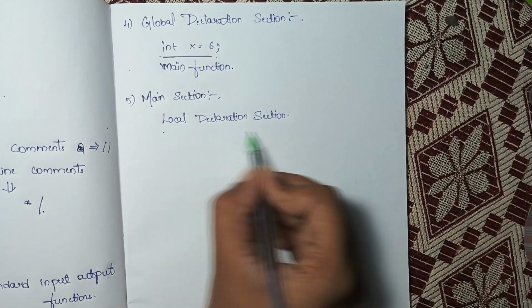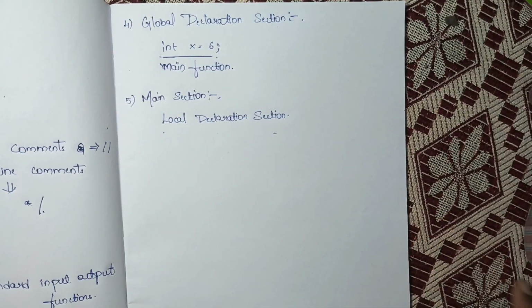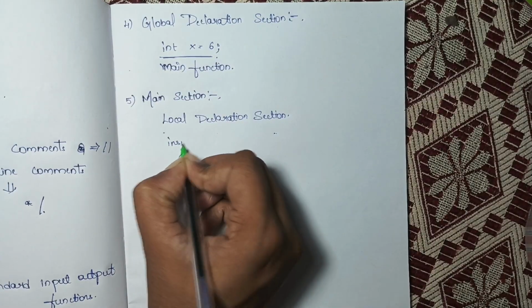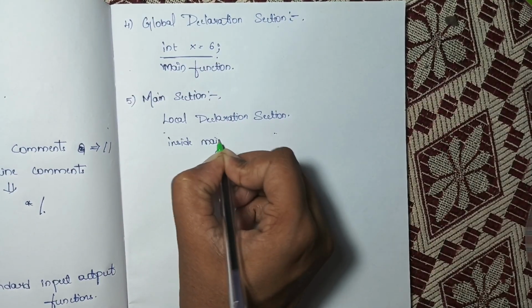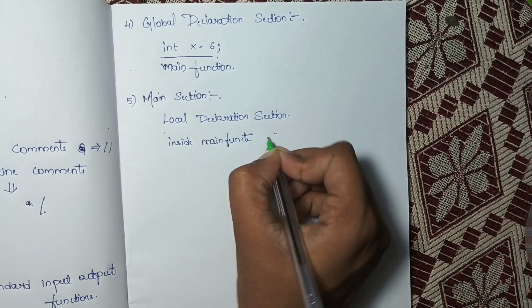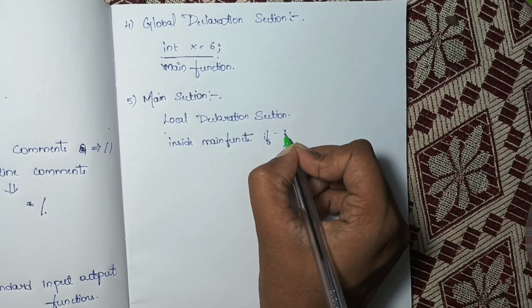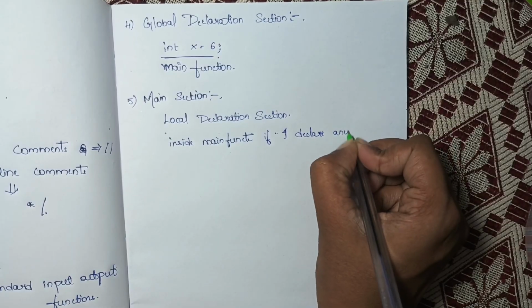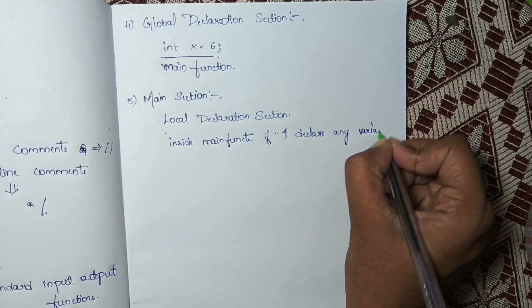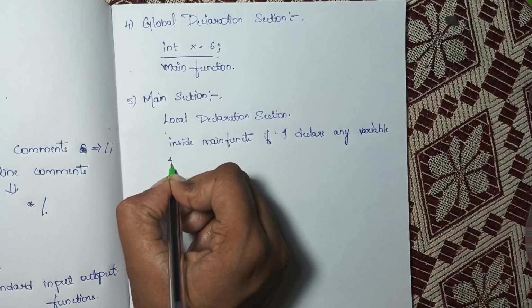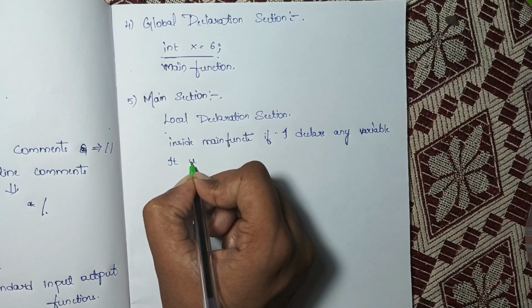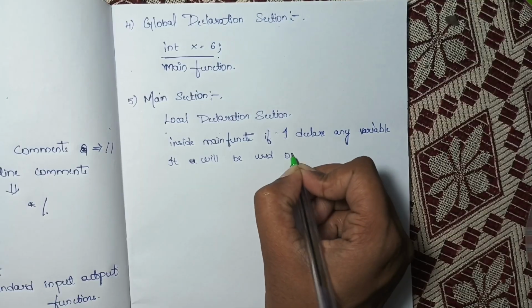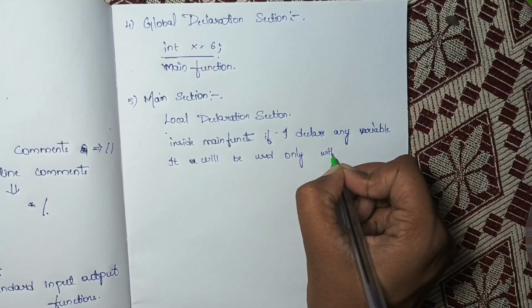Now, local declaration section: if we declare any variable inside the main function, it will be used only within the main function.